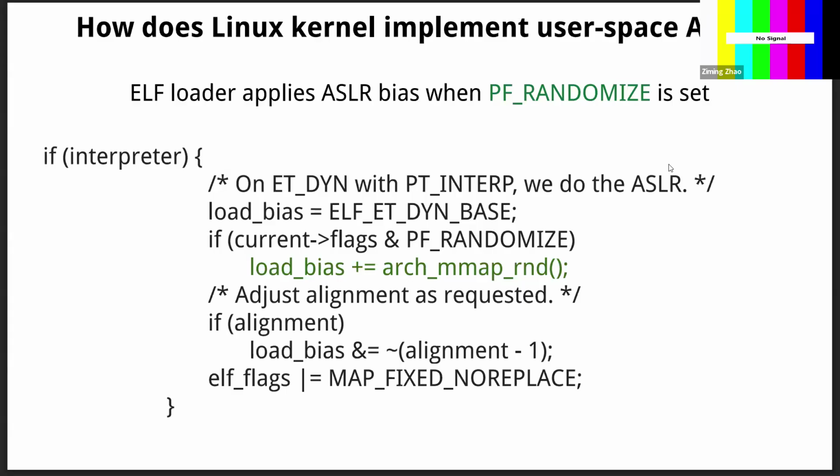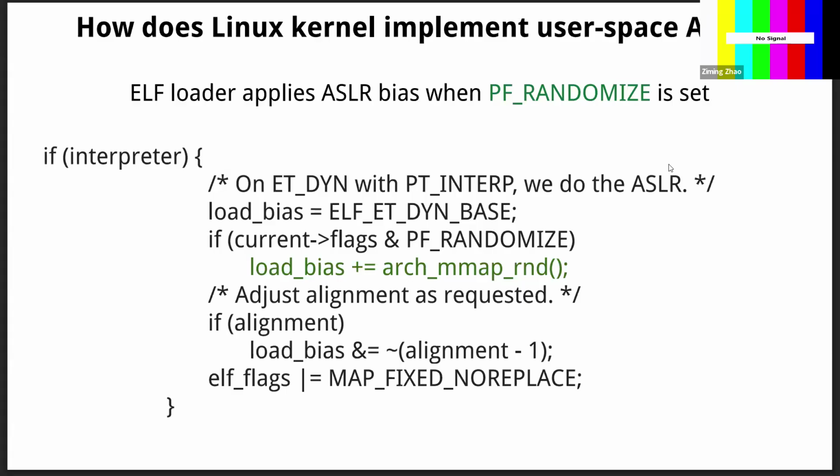Then if your program is compiled with PIE, and also in the system right now we enable ASLR, we'll generate a random number here by calling this function, arch_mmap_rnd.